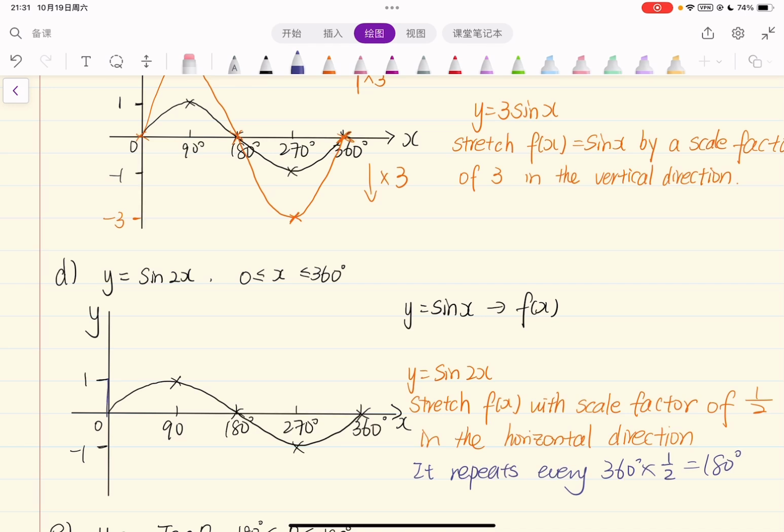You can finish one period, so one cycle of the wave, in 180 degrees.